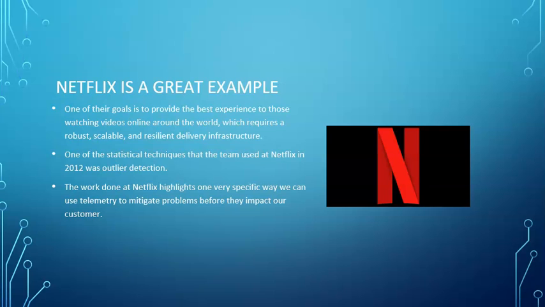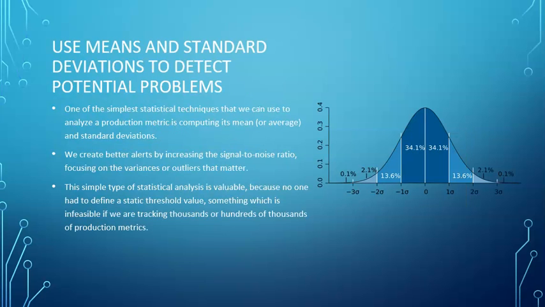Netflix is a very successful company, and other internet companies or streaming services are going to follow in its footsteps. This leads us to the use of means and standard deviations to detect potential problems. As we know, there are many ways that standard deviation can help the programs that people are working on.